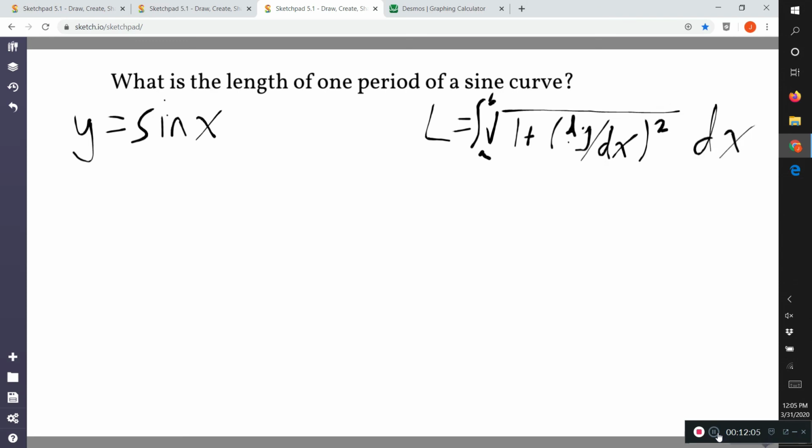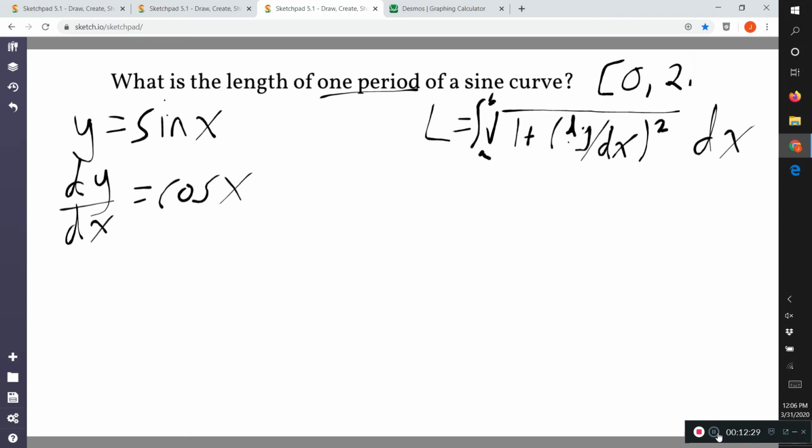Number one, what are our bounds? And what is our derivative? Well, our derivative is simply, if y equals sine x, dy over dx is cosine x. And because we're doing one period of the sine curve, one period would be from 0 to 2 pi.